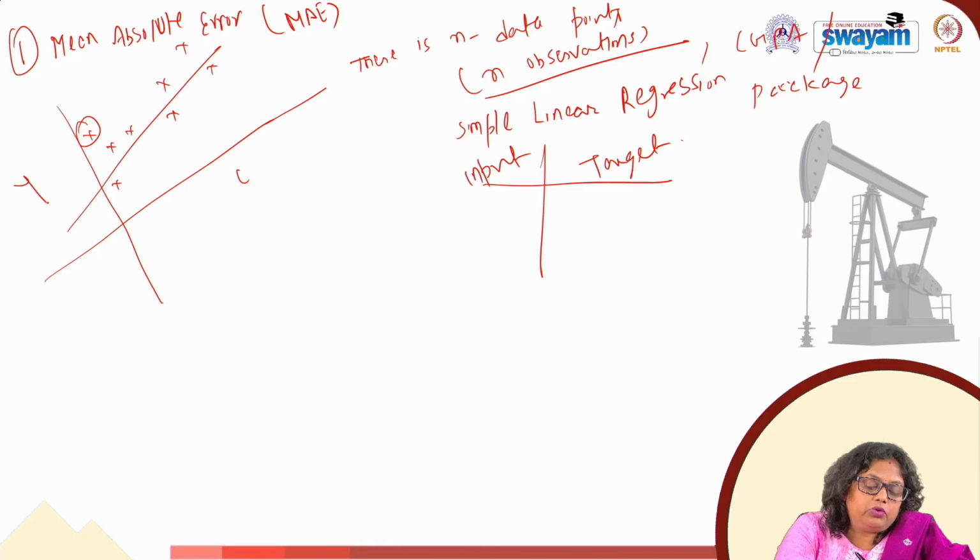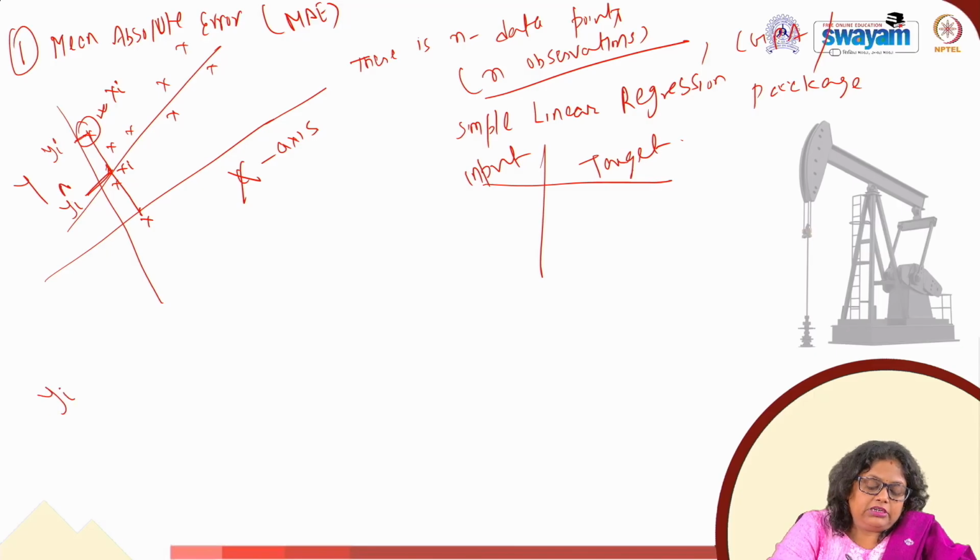This is my x-axis. What would be the error for this point? This is the actual one, yi. When you draw the line, this is the prediction corresponding to this x value. In both places x is the same, xi. Here you have the predicted yi hat.